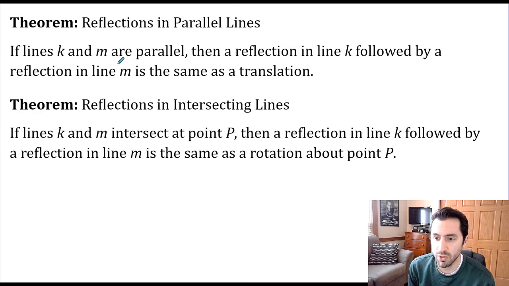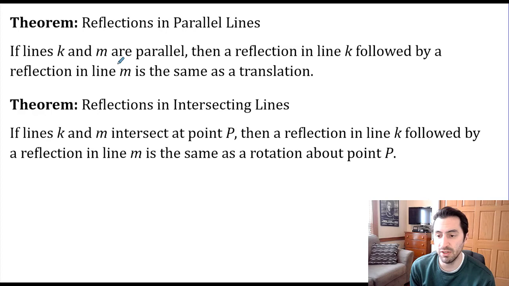And then the second one we saw, if lines K and M intersect at point P, then a reflection in the line K followed by a reflection in the line M is the same as a rotation about point P. So if two lines intersect and we reflect over both of them, it ends up being the same as a rotation about the point of intersection between those two lines.